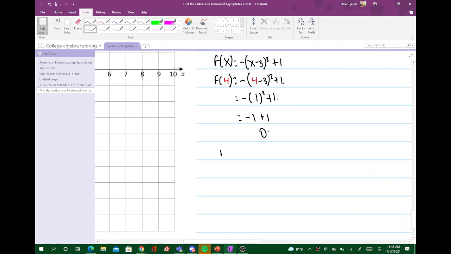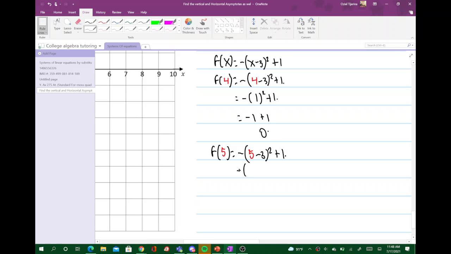So then let's do x equals 5. When x equals 5, y is going to be negative the quantity, so again, f of 5 equals negative the quantity 5 minus 3 squared plus 1.